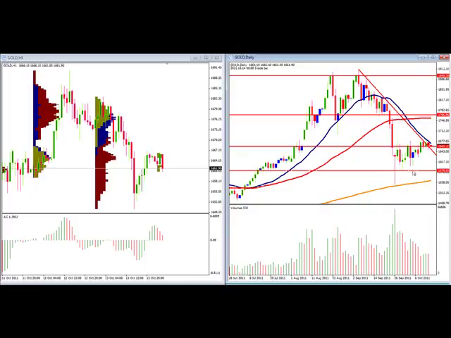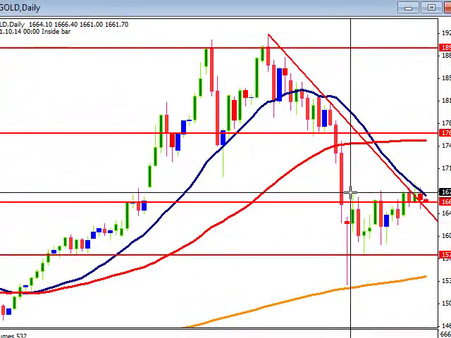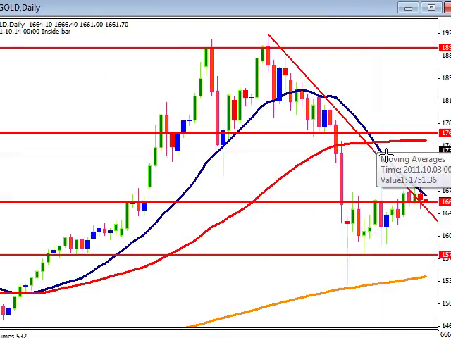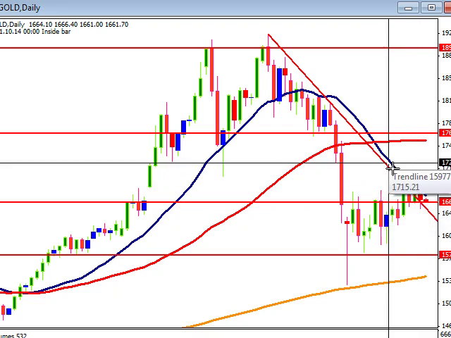As always, we could start off with the gold daily chart, and we can see the 1660 is starting to come in a little bit as our point of resistance. Even though we have gotten some wicks above there, and a couple closed candles above there, we can also see our 20 moving average acting as resistance.